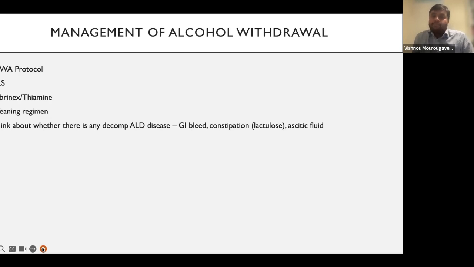A weaning regimen. The bonus points, or the thought is that I didn't get full marks on the station, and one of them borderlined me. I still remember this because I didn't go through all of the GI bleed and decompensated liver disease, because I think I was still so perplexed by the fact that they brought someone who just had alcohol withdrawal into PACES.